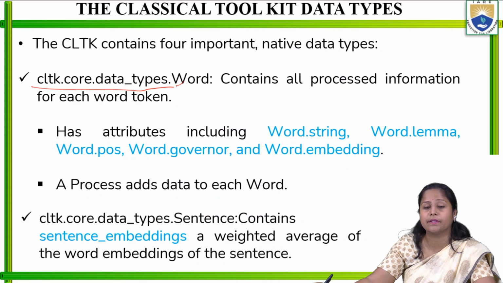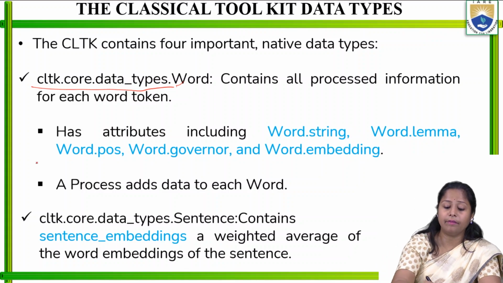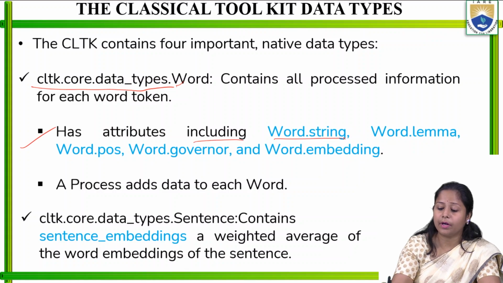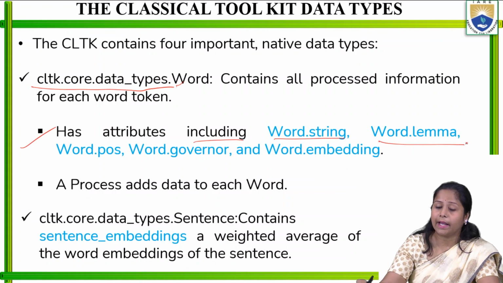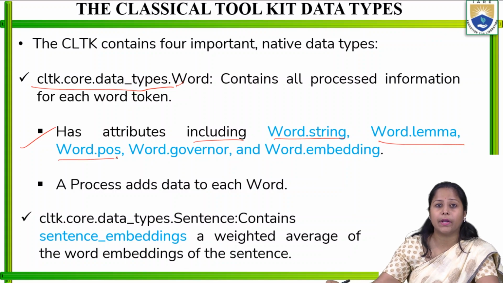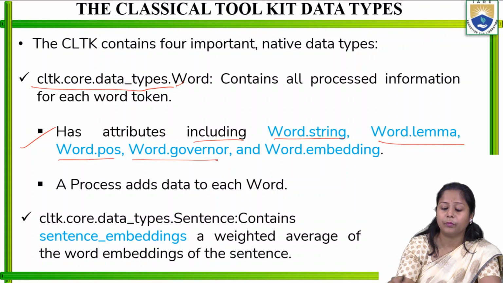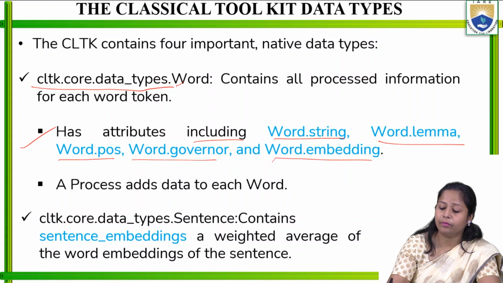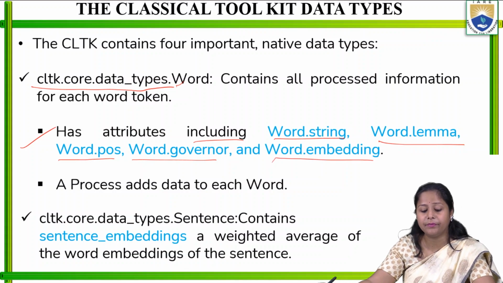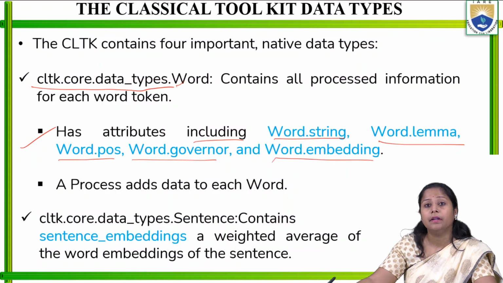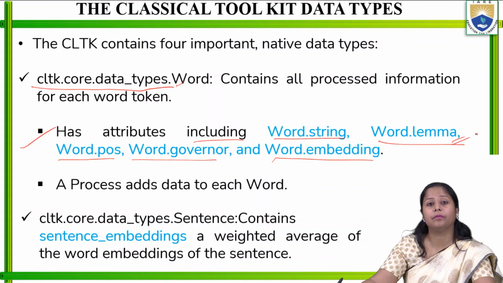Likewise, in the NLTK library words are divided with tags like noun, pronoun and adjective. The Word type has attributes including word.string, word.lemma, word.pos, word.governor and word.embedding. So there are five types of attributes in the data type Word. The word.string supports the string. The word.lemma supports the lemma, which is derived from the word.